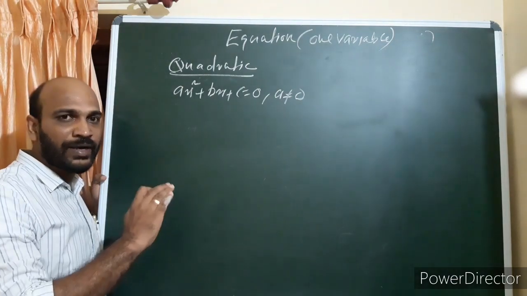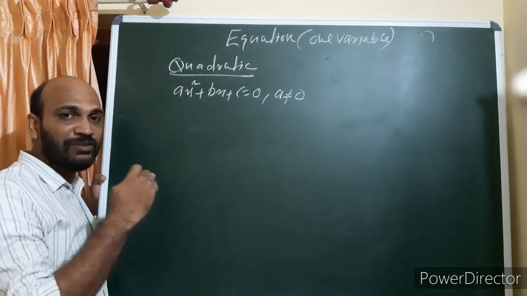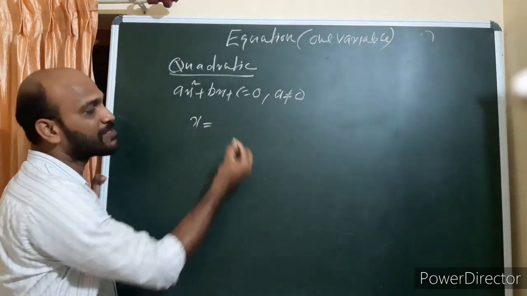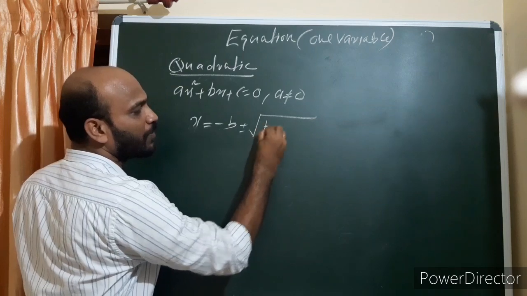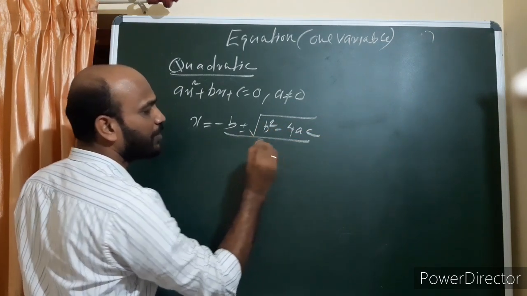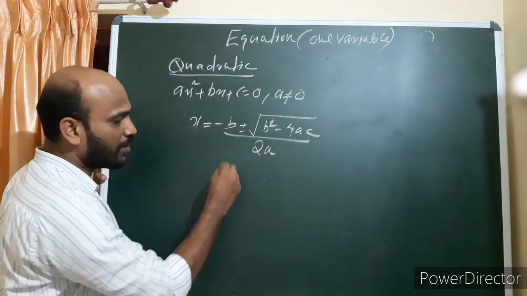We can find the solution by splitting the middle term, the factorization method, right? Or by using the formula. One formula is there for finding the solution. What is that formula? x equal to minus b plus or minus root of b square minus 4ac, by 2a. By using this formula, you can find the solution of this quadratic equation.